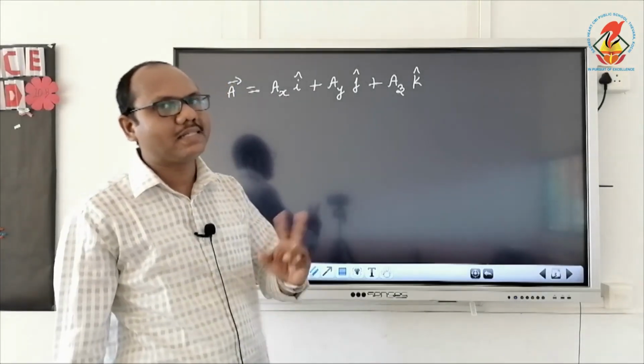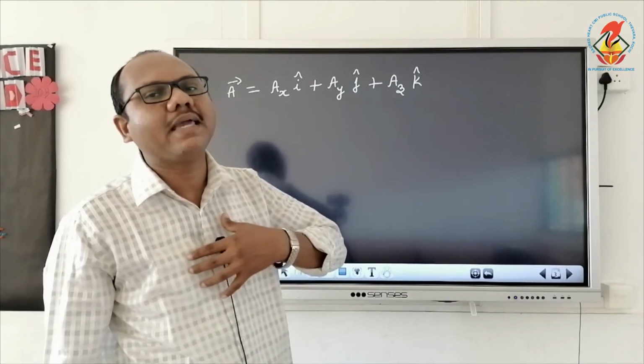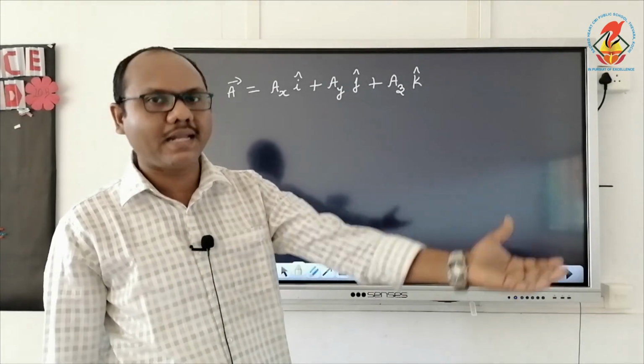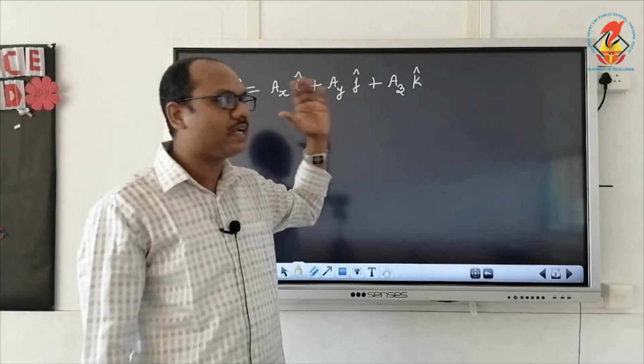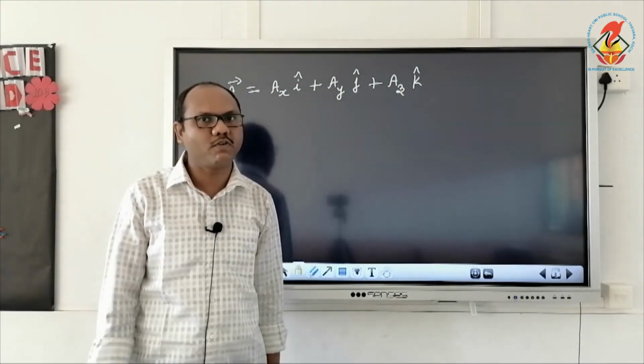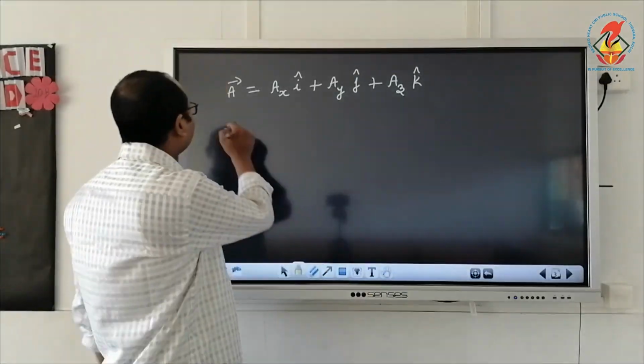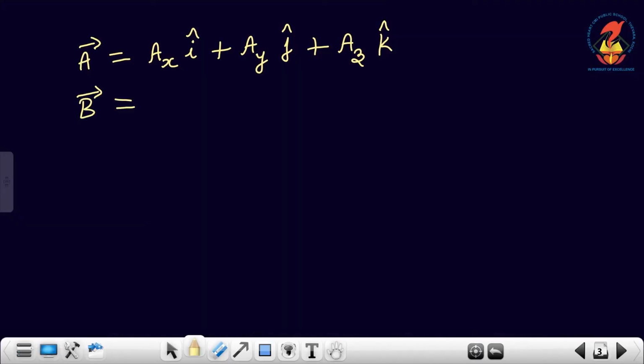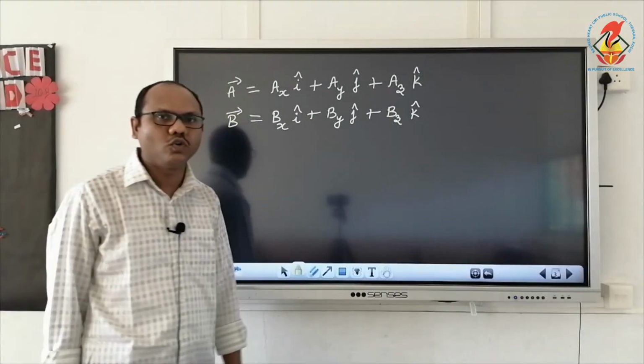We studied only the x axis and y axis, but I can split a vector into 3 dimensions, into x axis, y axis and z axis in this format. Similarly, vector B can be written as Bx i cap plus By j cap plus Bz k cap.